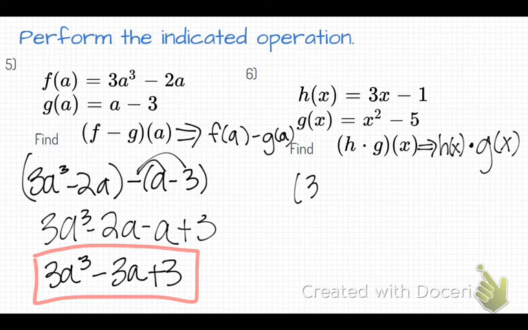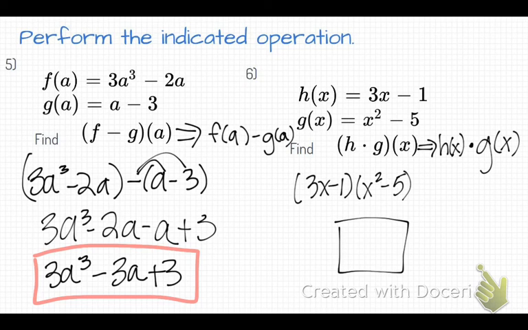So I have 3x minus 1 times x squared minus 5. So I want to use the box method again. What is 3x times x squared? 3x cubed.